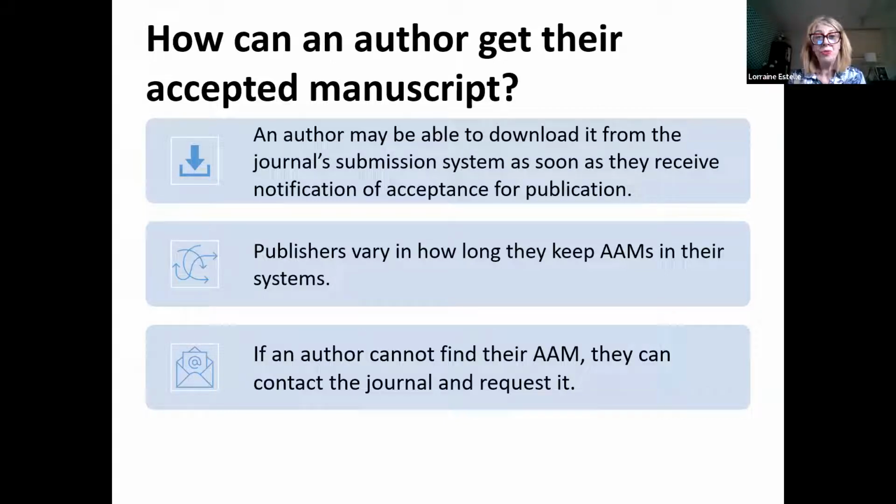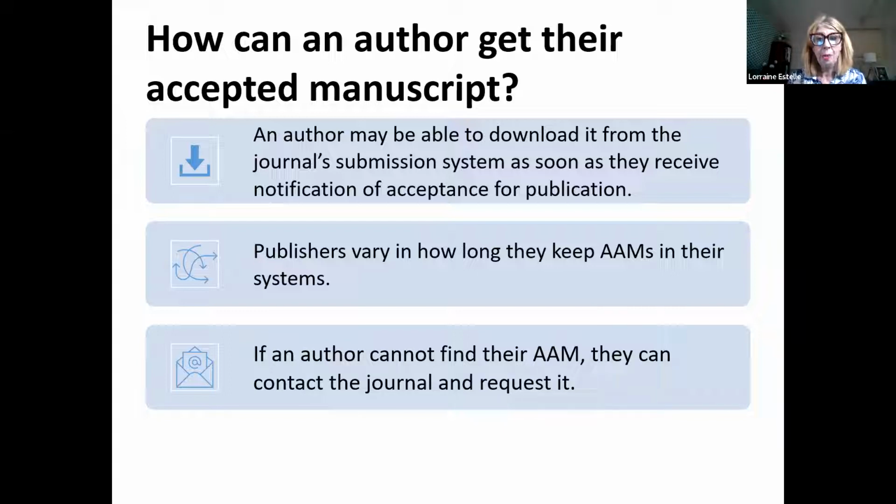So the next question, and this can be quite complicated, is how can an author get their accepted manuscript for deposit in the repository? Now, an author may be able to download it from the journal's submission system as soon as they receive notification that their article has been accepted for publication.